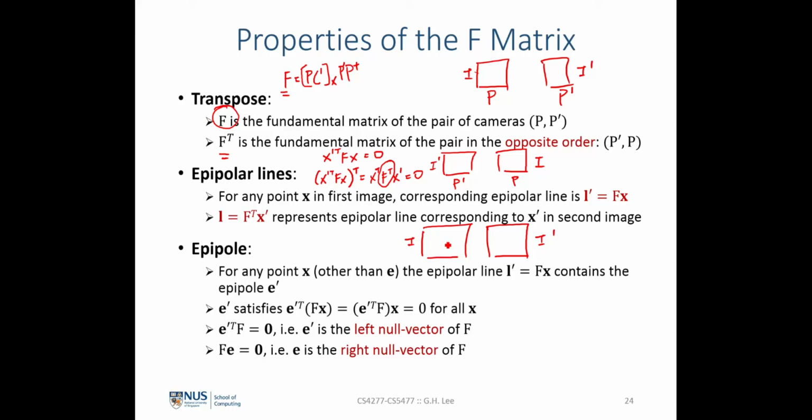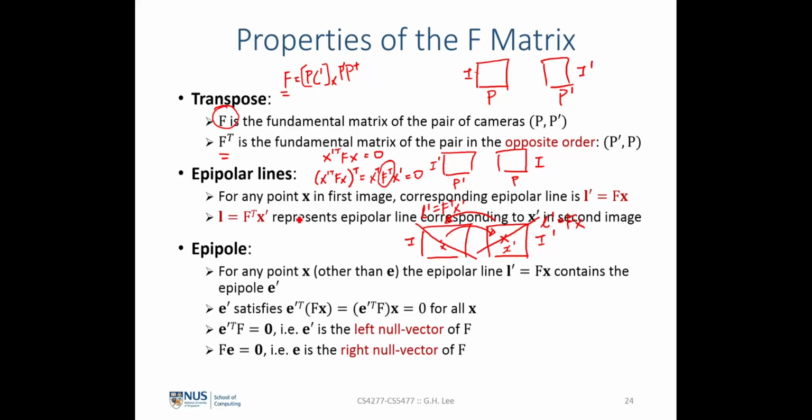The point X in the first view is going to get transferred to the second view as L prime, which equals F X. But if we have a point X prime in the second view, it is going to get transferred over to the first view as L, and L is equal to F transpose X prime. Again, we can simply see the relation in this equation.